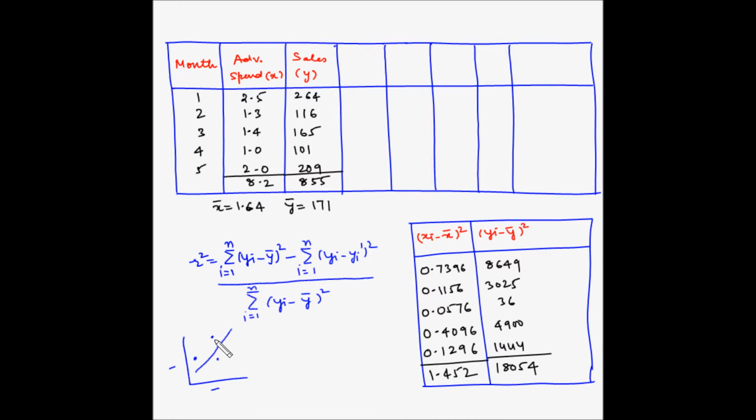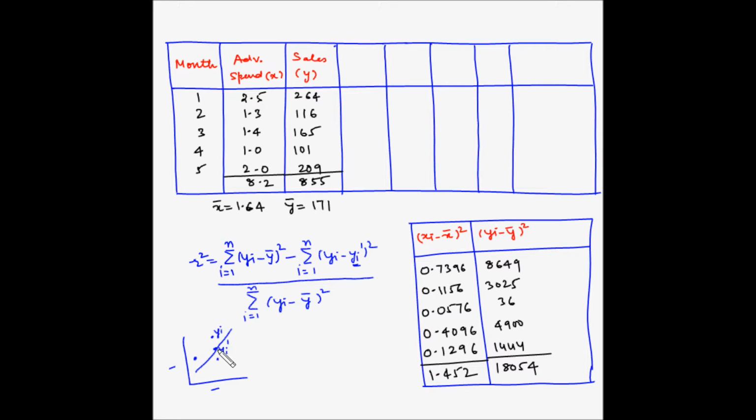So this point is considered as yi, which is the actual data point that is given to us. And corresponding to that, there is a point on the regression line which is yi dash. So this is what this term is.